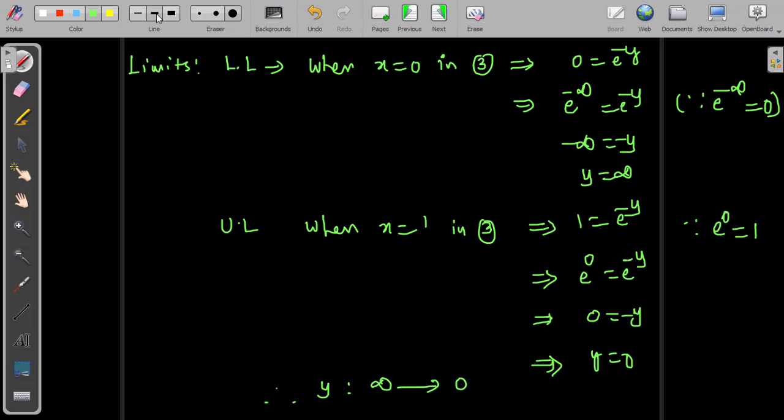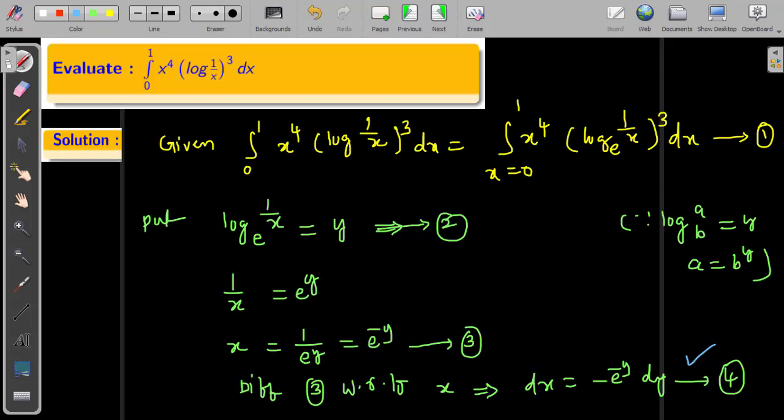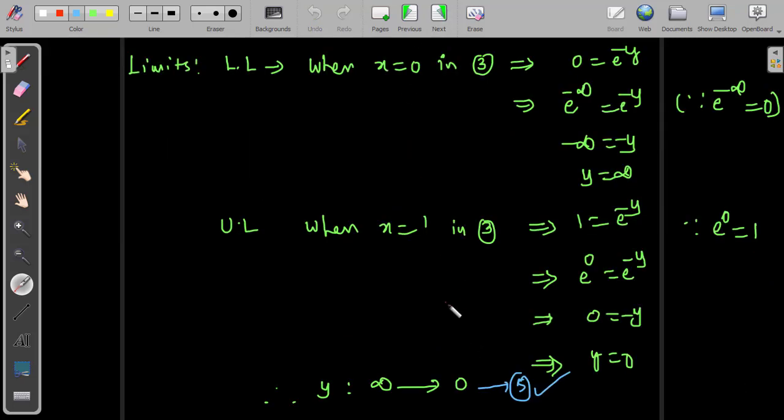Now we substitute these results: this is equation number 5, and equation number 4 from the previous page gives the dx value, and x also we require. So x equal to e power minus y. We need to substitute equation 2, equation 3, equation 4, and equation number 5 in 1.